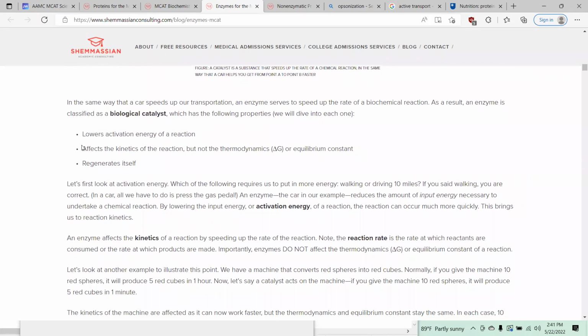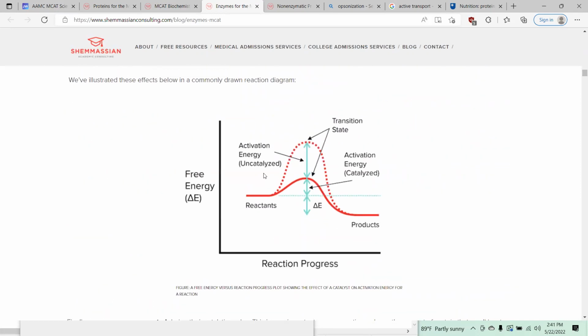So the three important parts of an enzyme. First things first, it lowers the activation energy of a reaction. So what does that mean? The reason that these reactions are slow is because they take a lot of energy to build up, to hit the transition state where they will go into the products. What an enzyme will do is lower it.